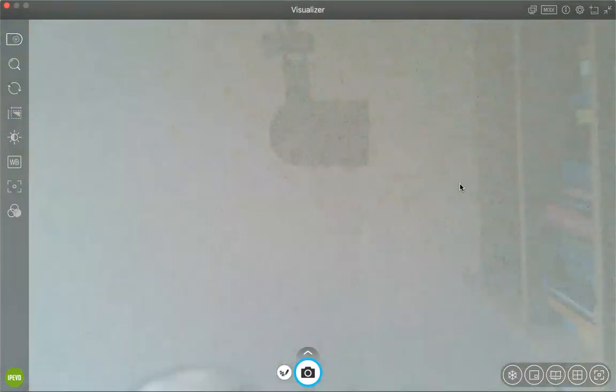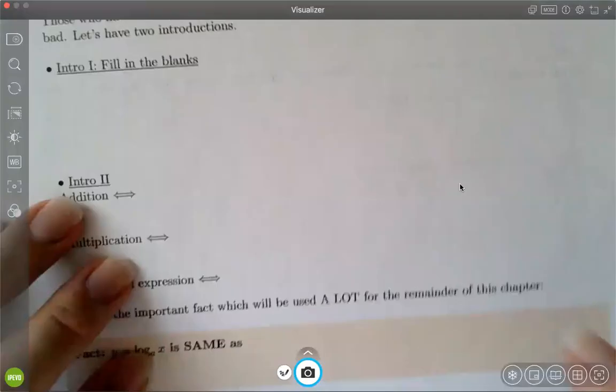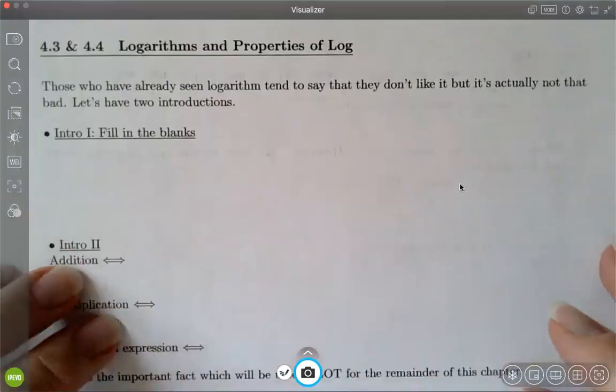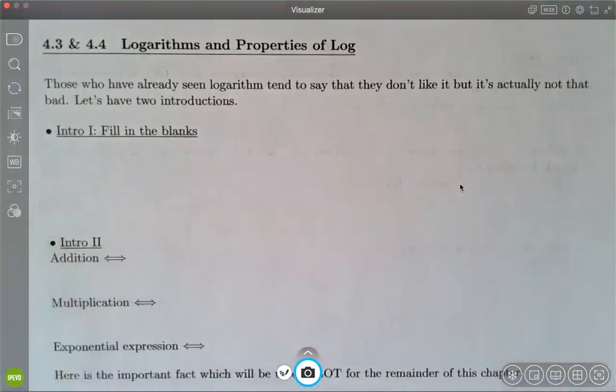And now I will combine 4.3 and 4.4 in this one lecture note because all of them deal with the so-called log. Now, maybe some of you have seen or heard about the log or logarithm, but let's have two introductions.